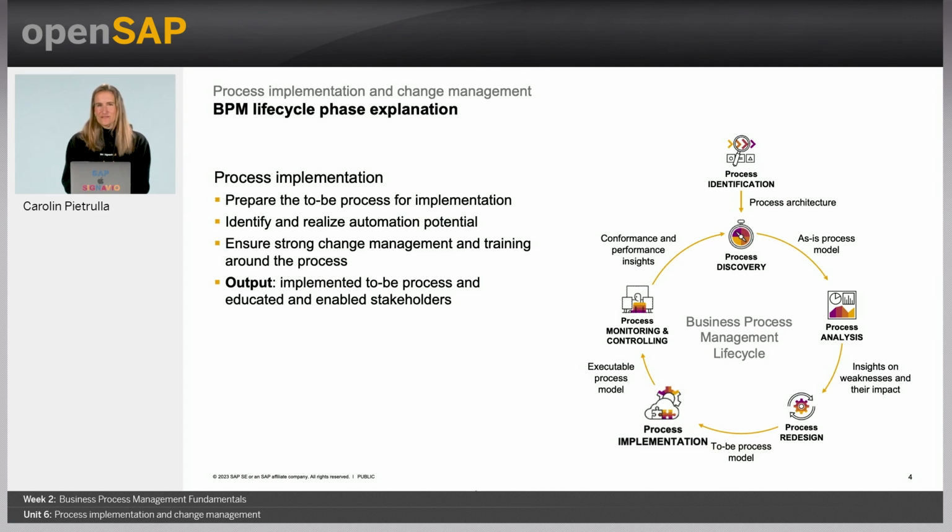We're only 3 steps away from seeing our new process perform: implementing technical changes, rolling out our new to-be process, and, most importantly, preparing the involved employees by running a proper change management campaign and training on the new process. The goal of process implementation is to have an implemented to-be process reflecting the future status and an educated and enabled workforce. Let's see what that means.